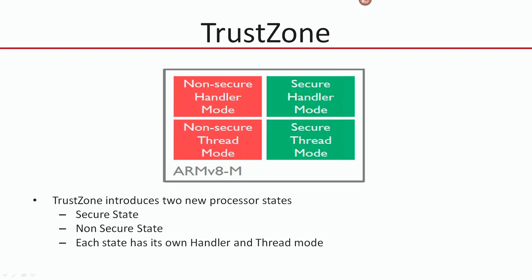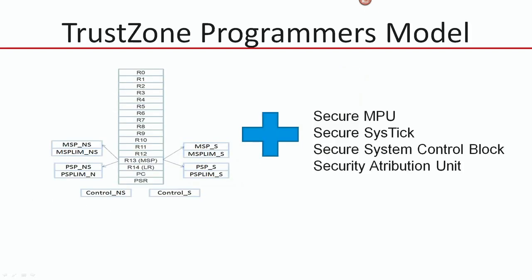So we can have functions that are executing in non-secure and functions that are executing in secure mode, and we can construct programs that can simply call between the two operating modes. And in hardware, we transition between secure and non-secure modes. Each mode has its own set of stacks, and it's like two running instances of the same processor, as we'll see. So effectively the programmer's model stays the same.